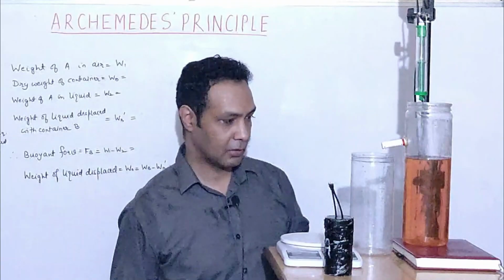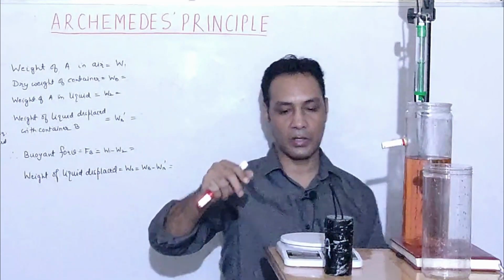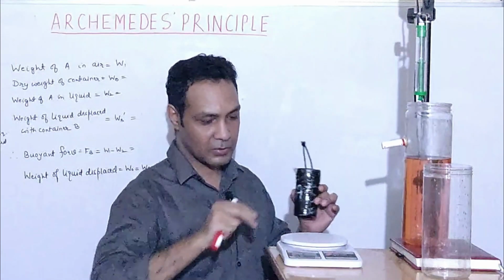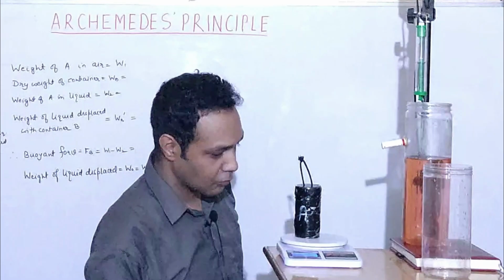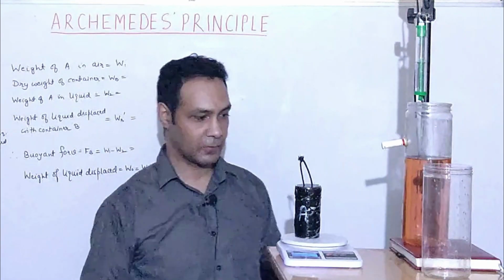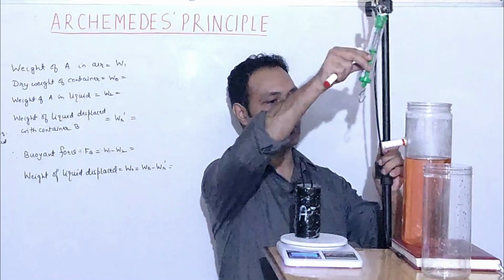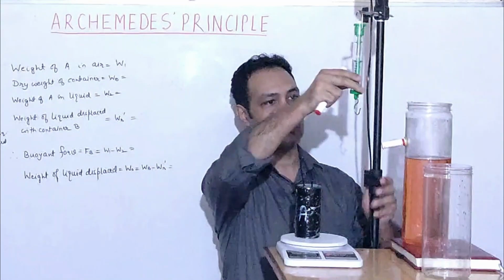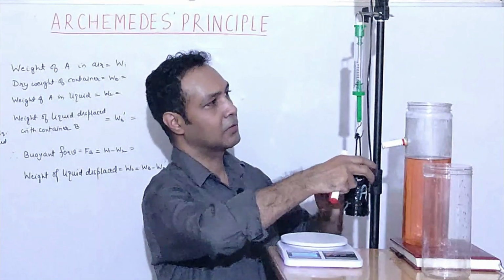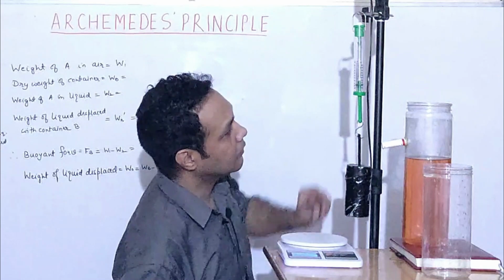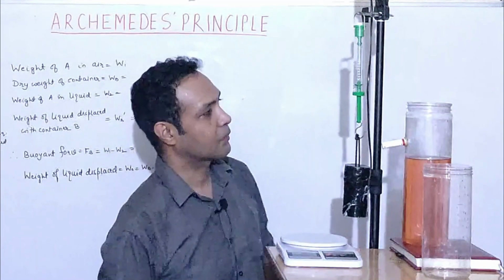First of all, let me measure the weight of this block A in air with this spring balance, and this weight comes to 427 gram weight. I will also measure it with this other spring balance, and the weight we are getting right now is 430 gram weight.